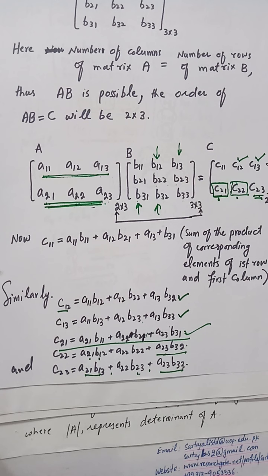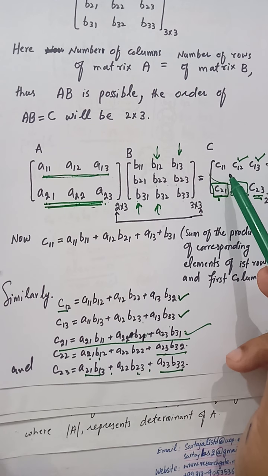The matrix which you obtain from the multiplication will contain the same number of rows as the first matrix has, and the same number of columns as the second matrix has. And how can you obtain the elements of that matrix?